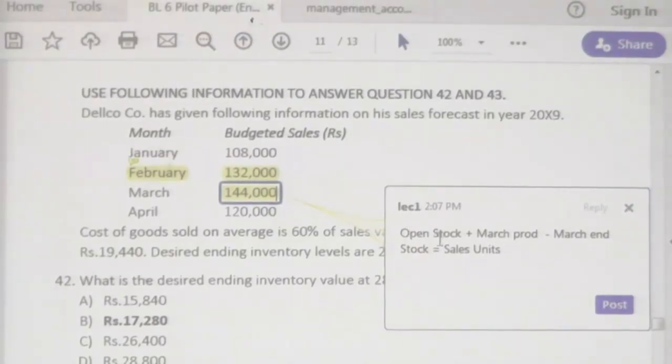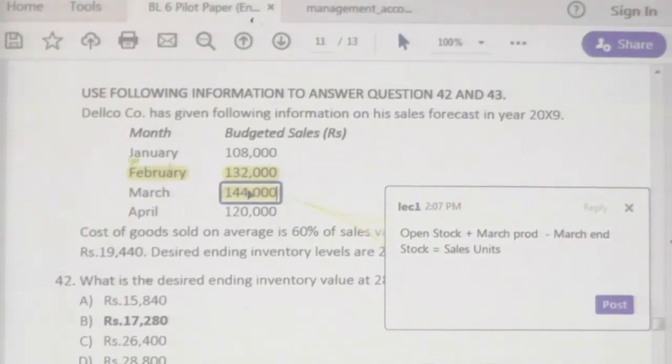If you take the opening inventory of March plus March production minus March end stock, you get the sales units of March. Clear? This is the sales unit of March.